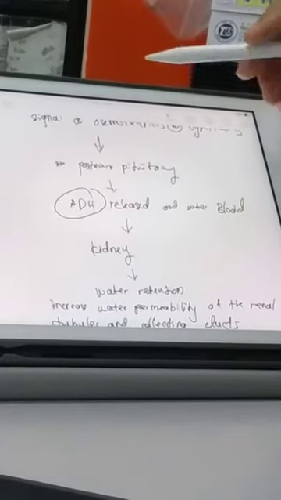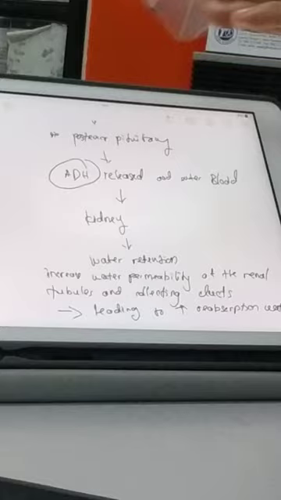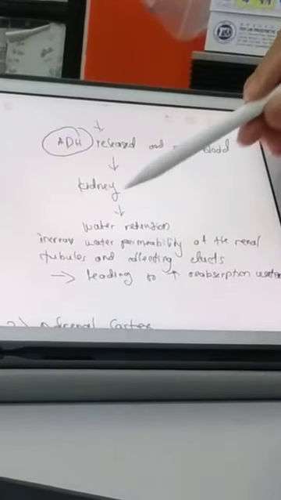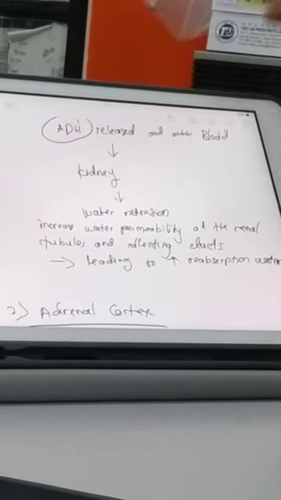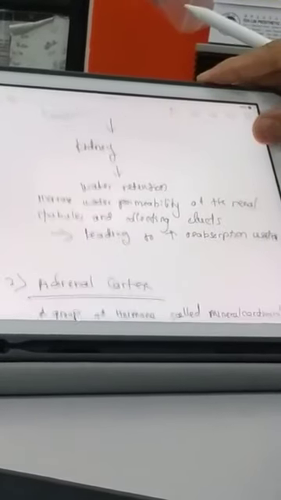Once the antidiuretic hormone is released, it will travel to the kidney and cause an increase of water permeability at the renal tubules and also the collecting ducts, leading to the reabsorption of water. That means a water retention process will occur.